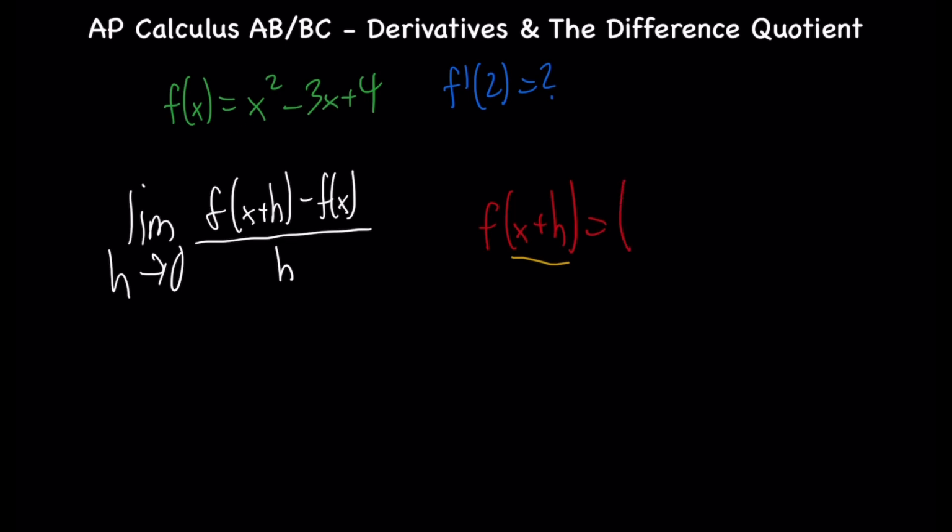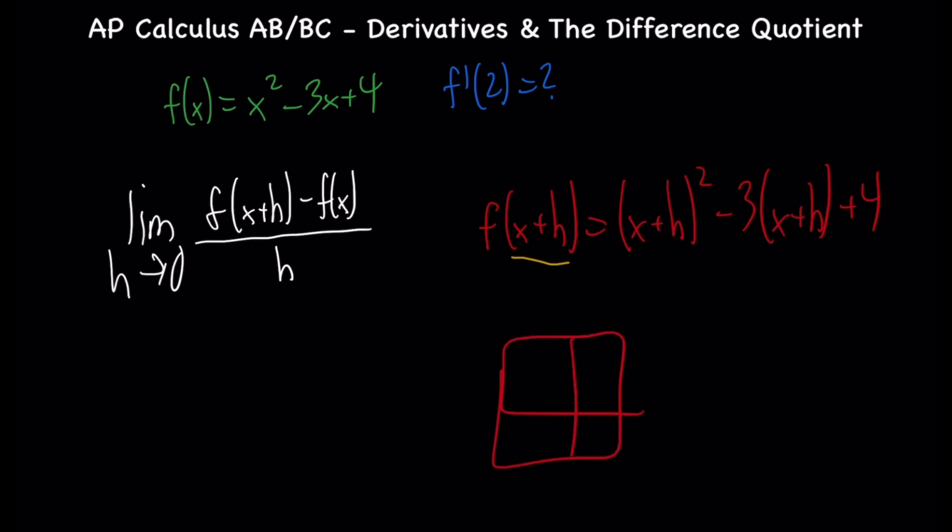So let me show you what that looks like. You get x squared, xh, xh, h squared. So you end up with x squared plus 2xh plus h squared.